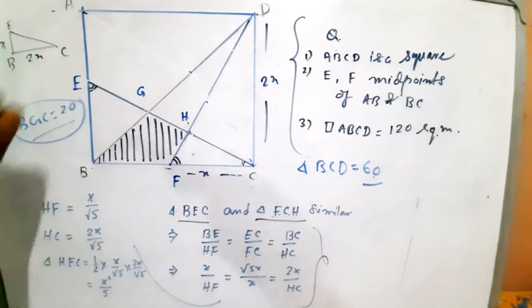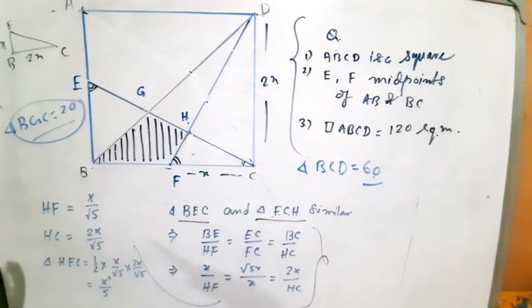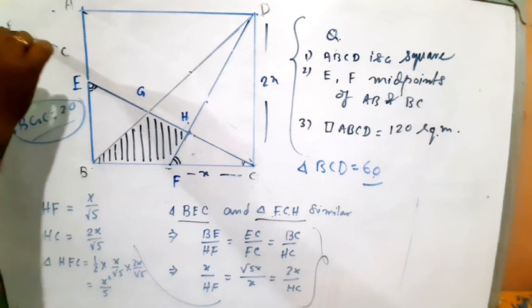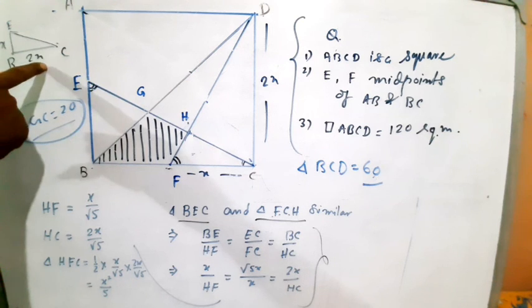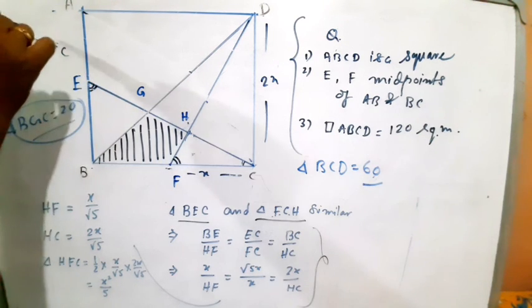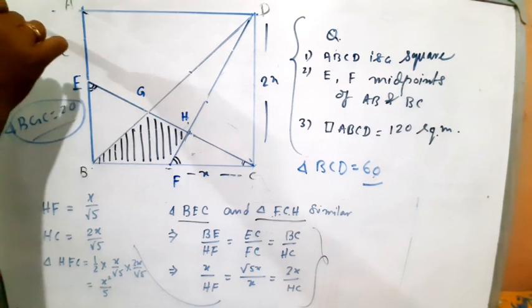So as per the Pythagorean theorem, the value of CE comes out as the square root of x square plus 2x square, that means root 5 x.